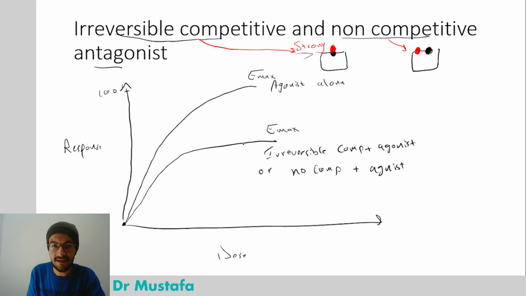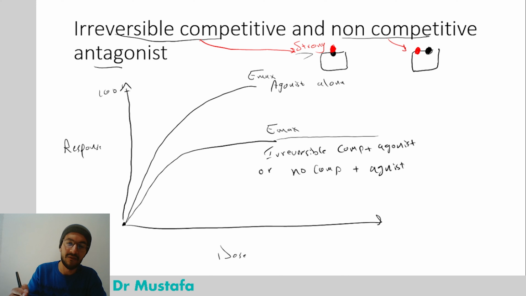And as we can see here, they both have less than the maximum effect. Even if we keep increasing the dose, we still have less than the max effect. And that's because in the case of the irreversible competitive, the irreversible competitive is binding by a strong bond.